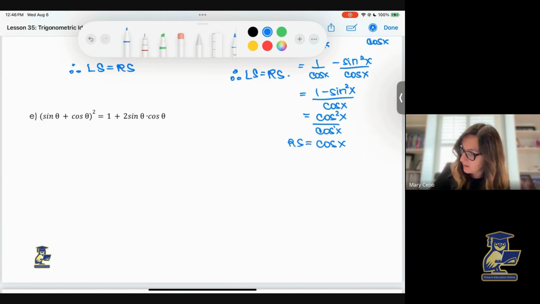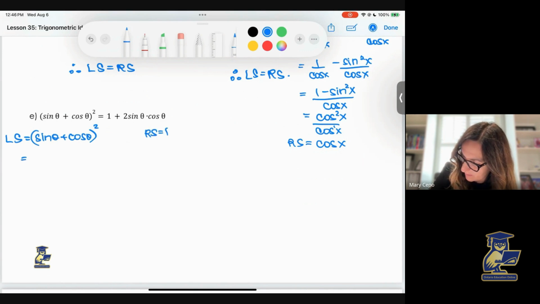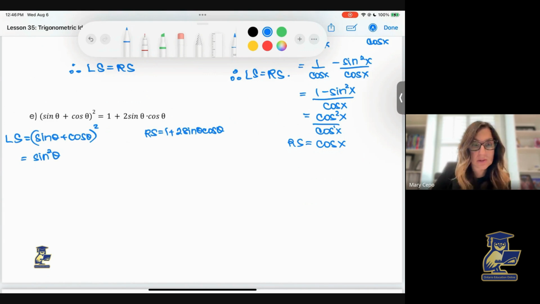So to expand it, so left side, we take sine theta plus cos theta all squared. We square the first. We take sine squared theta. 2 times those two multiplied together.